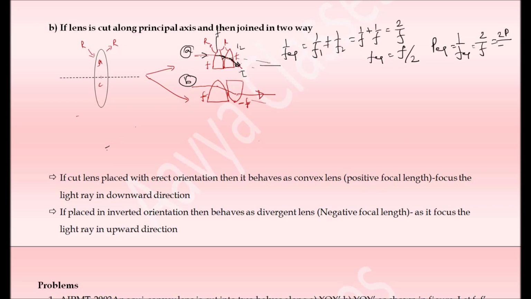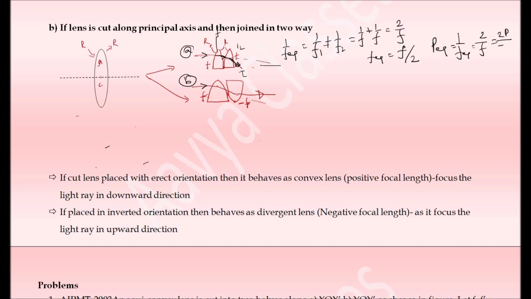Now if both lenses are placed in different orientations, that is, one lens is placed in inverted orientation and the other is placed in the erect orientation. Here the first lens is placed in the erect orientation and the second lens L2 is placed in inverted orientation.